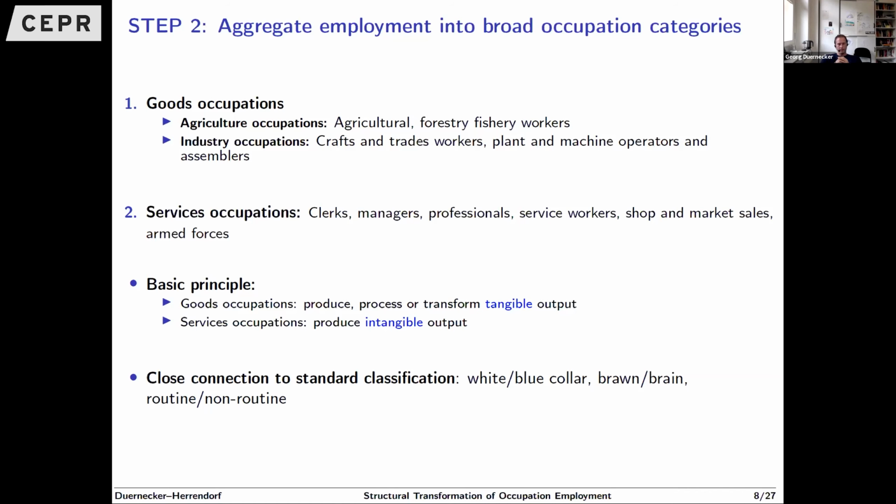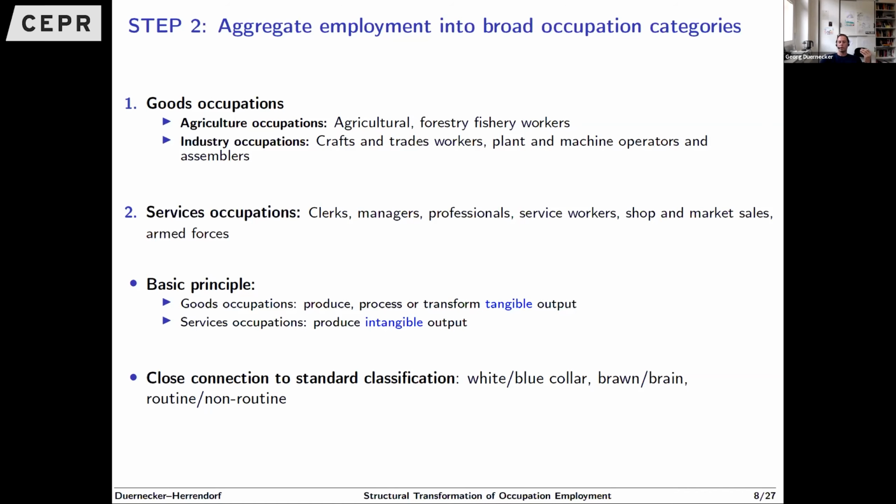And the third group is service occupations. That includes managers, clerks, market service workers, etc.